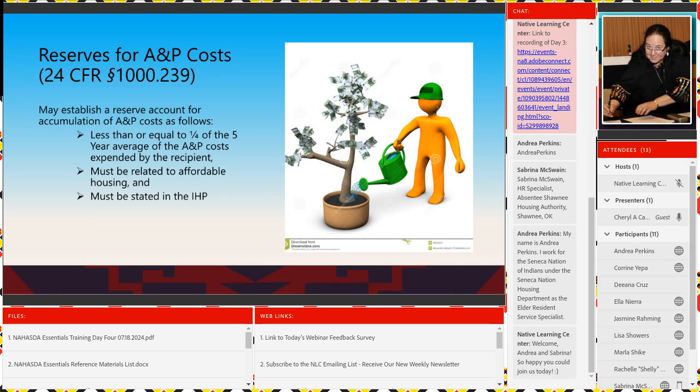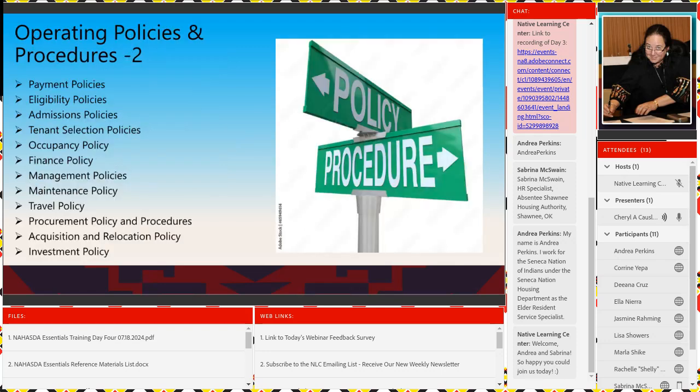So reserves, you can establish reserve accounts for the accumulation of A&P cost as follows. The guidance is at 1,239, less than or equal to 1/4 of a 5-year average of your A&P cost expended by the recipient. It has to be related to affordable housing, and it has to be stated that you're going to do that within your IHP.